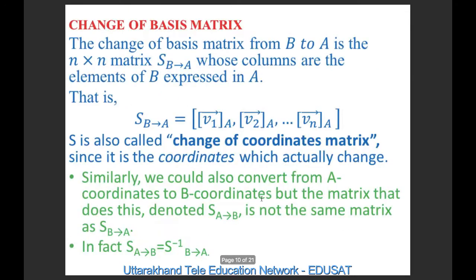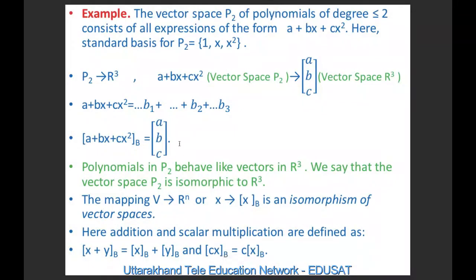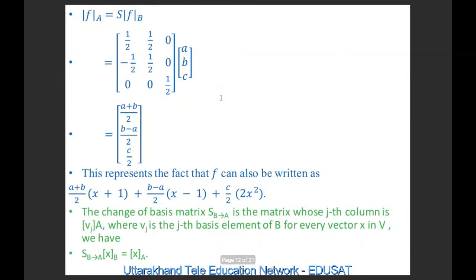So here, in one slide I had written a plus bx plus cx square equal to some term into b1 plus some term into b2 plus some term into b3. In the example we have calculated that f can be written as a plus b upon 2 times x plus 1, b minus a upon 2 times x minus 1, plus c upon 2 times 2x square.